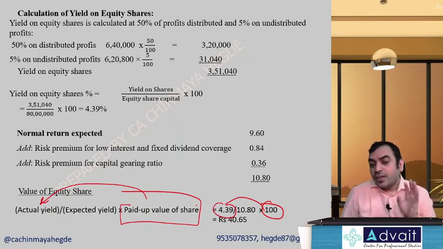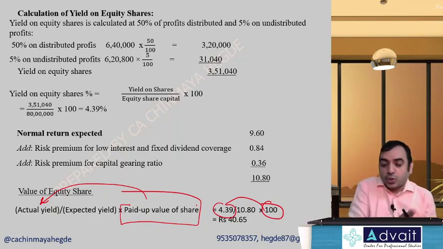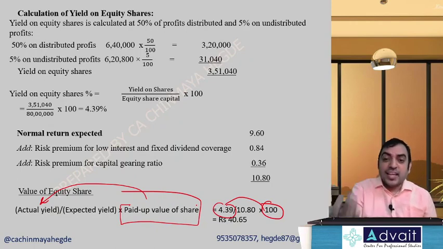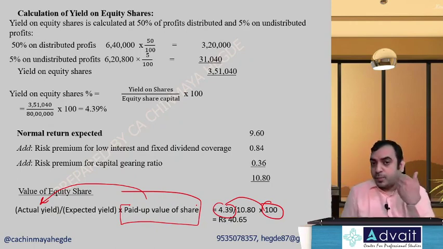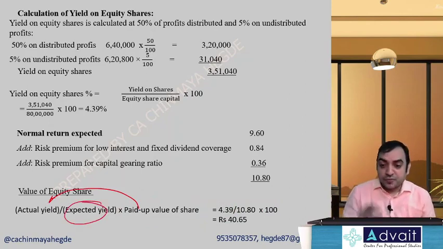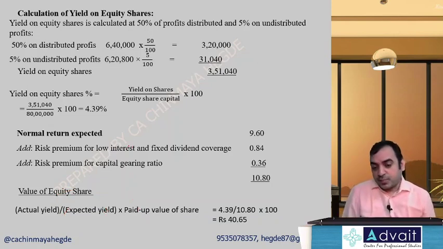So what is the income? 100 into 4.39 divided by expected return, like the perpetual cash flow formula: income divided by rate of return, cash flow divided by rate of return. So paid up value into actual yield gave you the income per share, divided by expected rate of return is nothing but the perpetual cash flow formula. You get the value per share. So paid up value multiplied by the actual yield divided by the expected yield. This is a formula they say, but you can do without formula also, I'll tell you. But as of now, just compute this much.